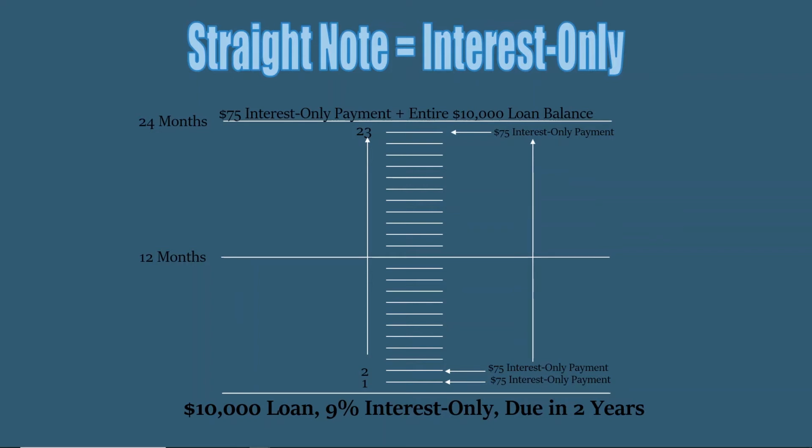And then on the 24th month, you'd be paying $75 interest only, as well as the entire loan balance of $10,000. So that last payment is going to be a lump sum, a bunch of money you've got to pay. So straight note is interest only. Okay, keep that in mind.